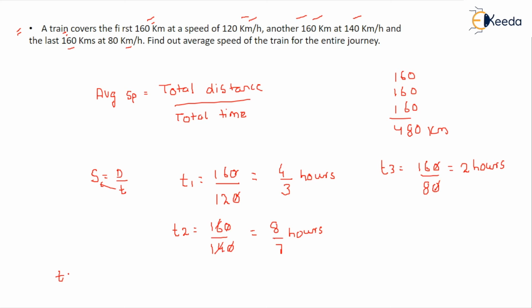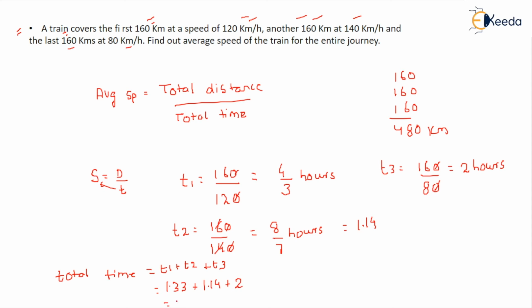So the total time will be the addition of all the times, T1 plus T2 plus T3. 4 by 3 you can simply calculate, that comes out to be 1.33. 8 by 7 is equivalent to 1.14, so plus 1.14, and T3 was 2 hours.